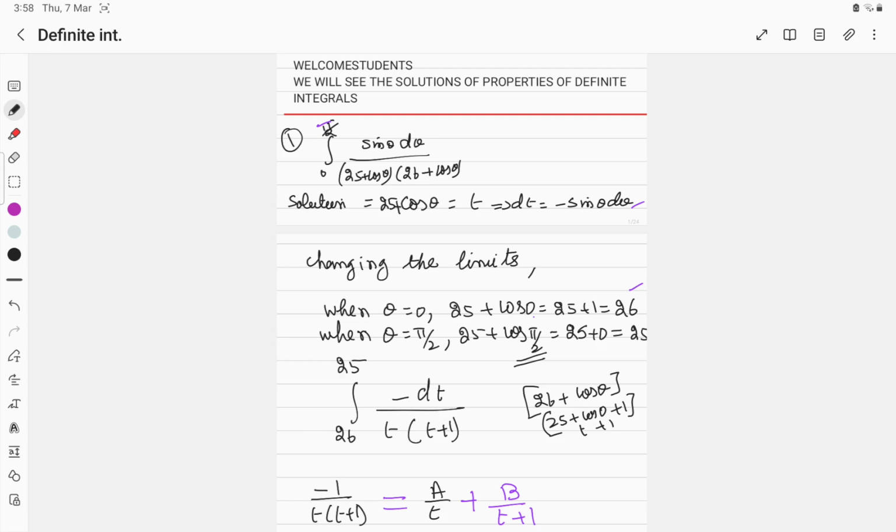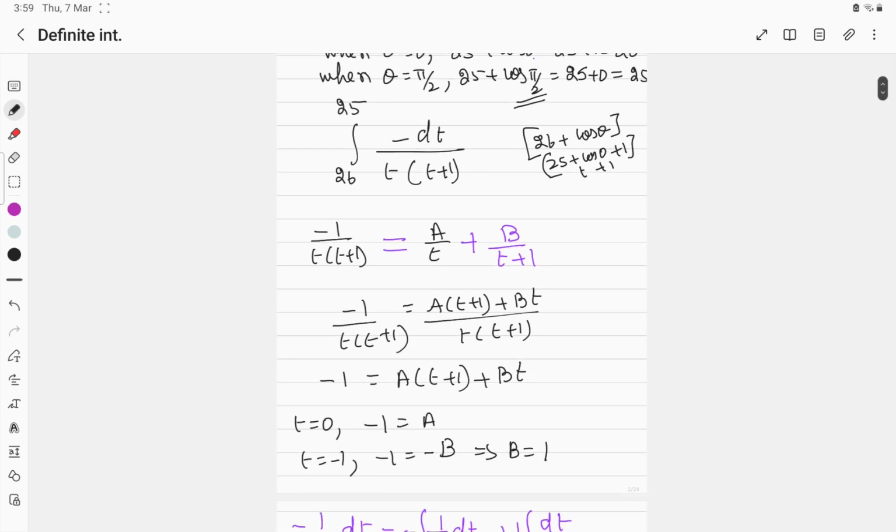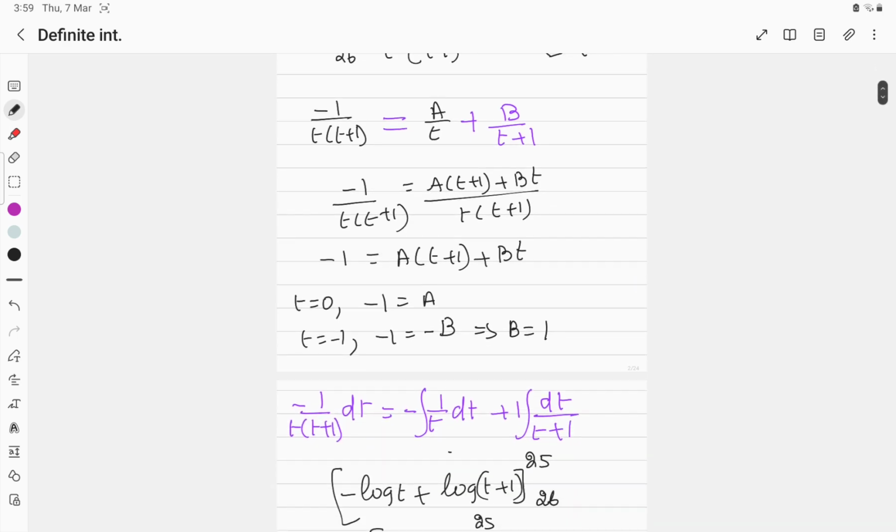Then, these are factors, so we use the partial fraction. Then, minus 1 by t into t plus 1 is equal to a by t plus b by t plus 1. Taking LCM on both sides, t a into t plus 1 plus bt is equal to minus 1. Then we get the values a and b.